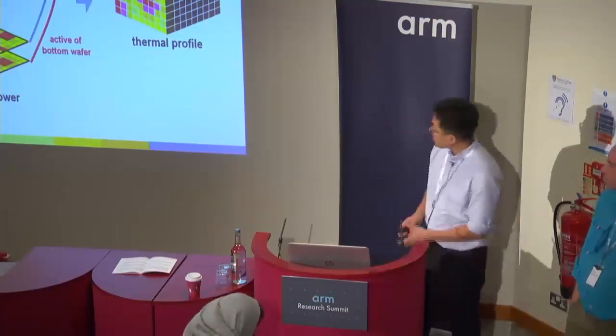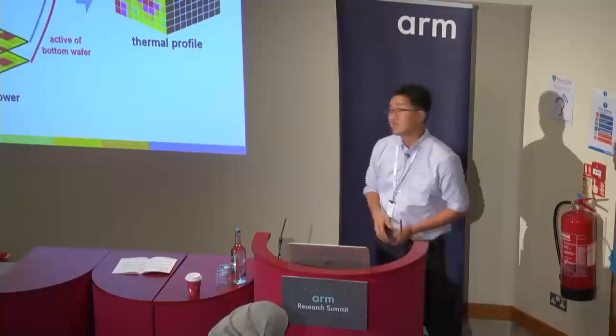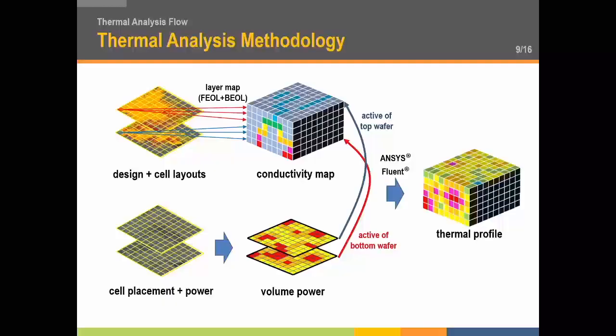So in each cell, let's say the layer M1. In the M1 layer there is a dielectric and a metal layer.